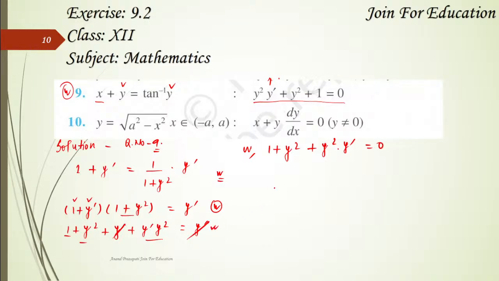So this one will be 0. After the rearrangement we get this one. So we write down here y square into y dash plus y square plus 1 equal to 0. So this is verified.